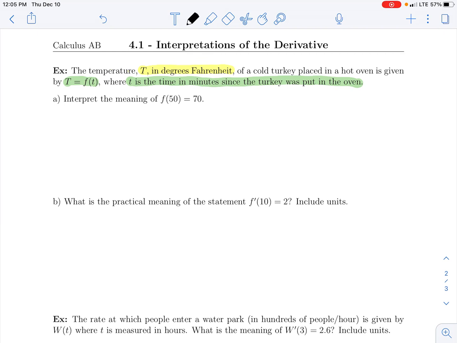Now I want to interpret the meaning of f of 50 is equal to 70.